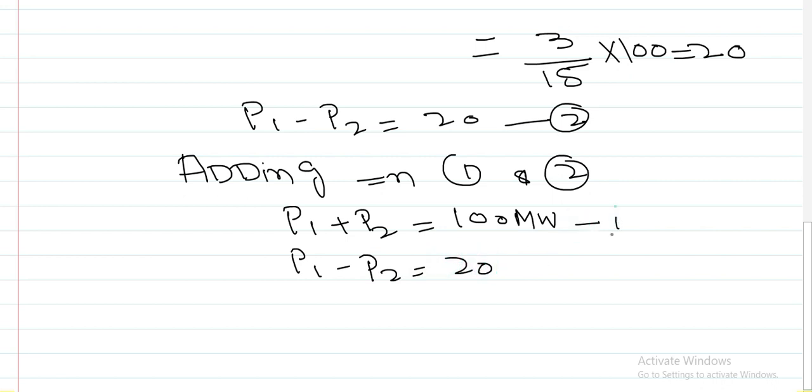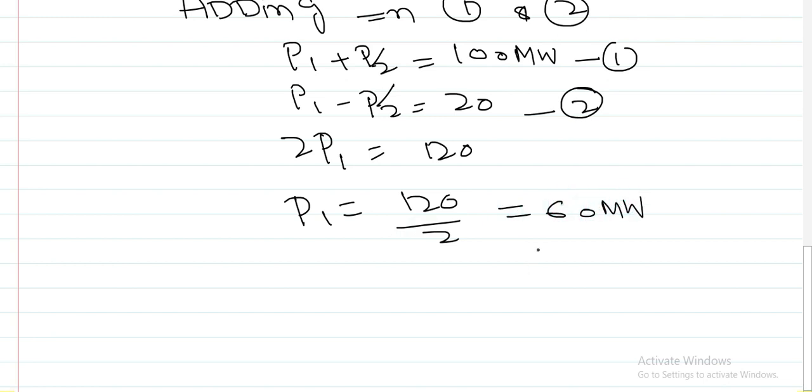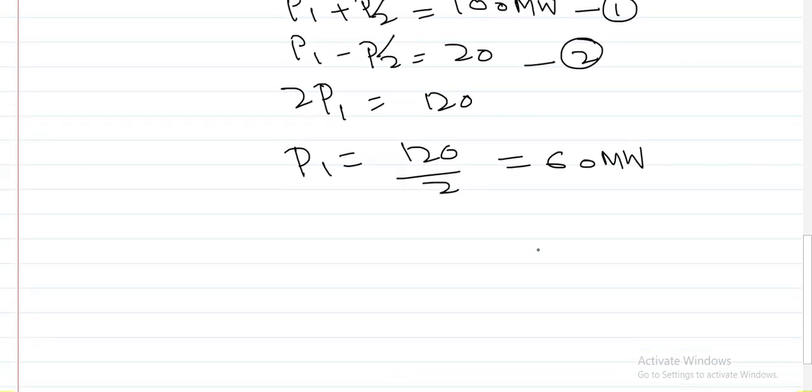This is equation first, this is second. Now let's add these. P2 will get cancelled out. That is, 2P1 equal to 120, which implies that P1 is 120 by 2, that is 60 megawatt. This value of P1 is 60 megawatt.